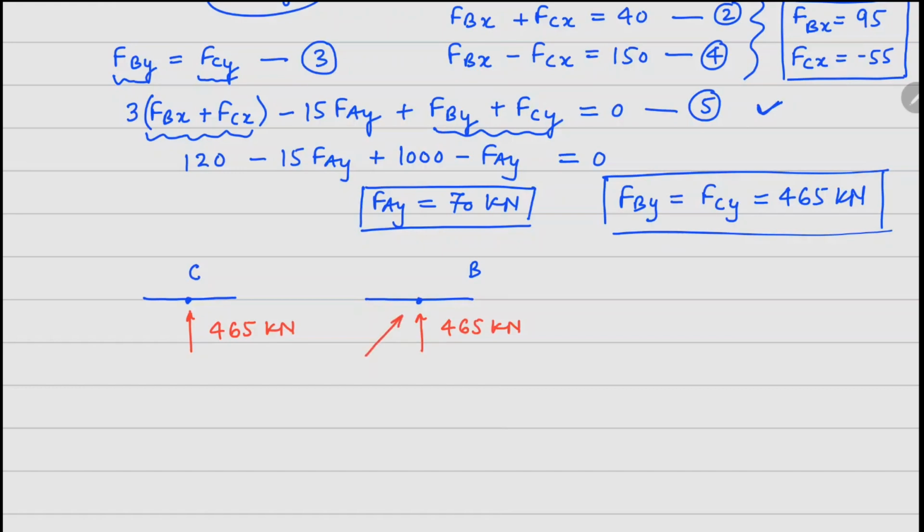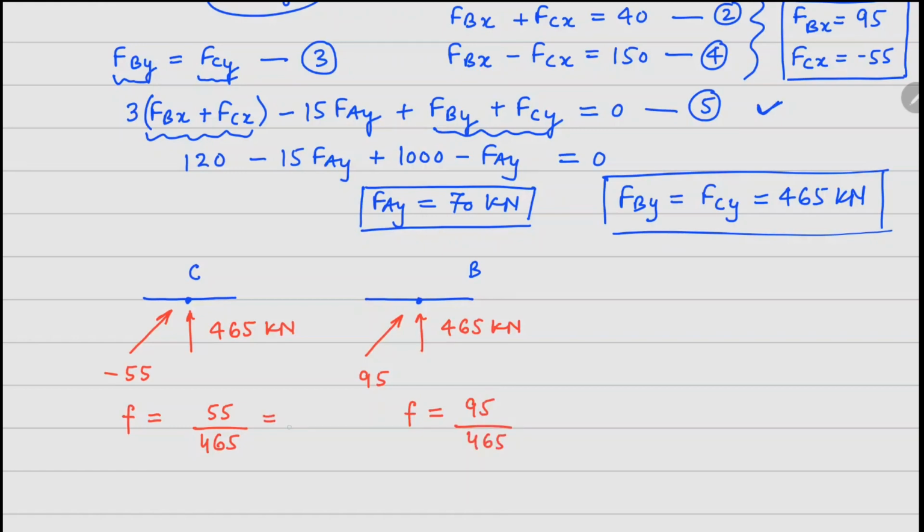Now your FBX and FCX, which are the tangential forces, this value right here is 95 and this is minus 55. From the perspective of a coefficient of friction, that will be the tangential force value divided by 465 here, and in this case it is 95 divided by 465.